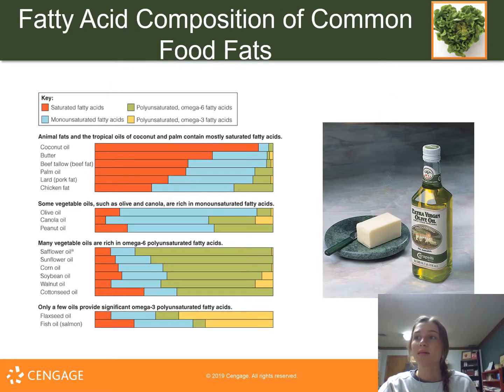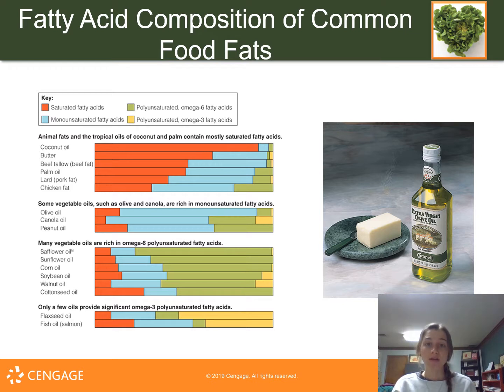And so most fats are a mixture of saturated, monounsaturated, and polyunsaturated fats, because remember, triglycerides are often made of a combination of different types of fatty acid tails. Not all saturated, but one's saturated, one's unsaturated, one's even more unsaturated, like polyunsaturated.